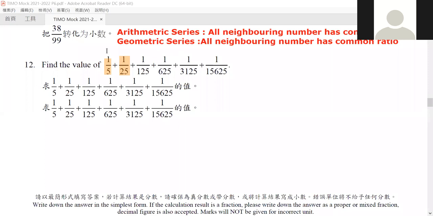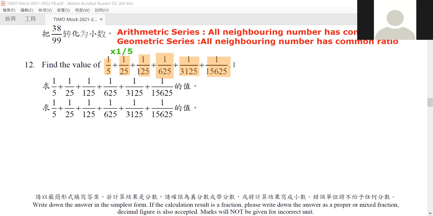In other words, you just multiply the whole number by 1/5. So for the next number, 1/25 multiplied by 1/5 gives 1/125, and so on and so forth. This is what we call a geometric series.